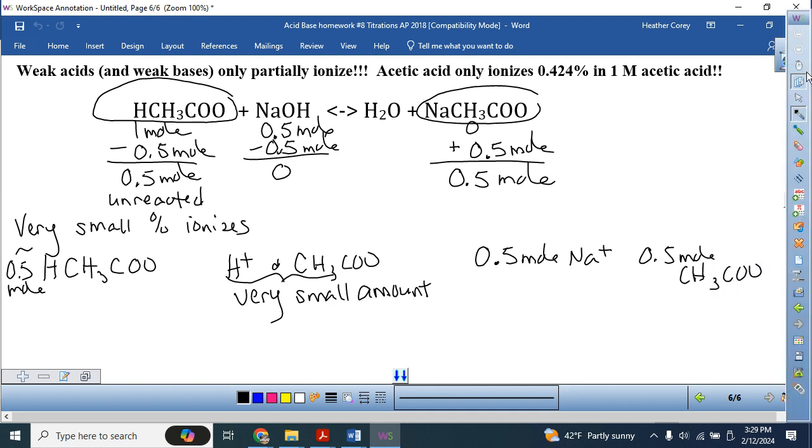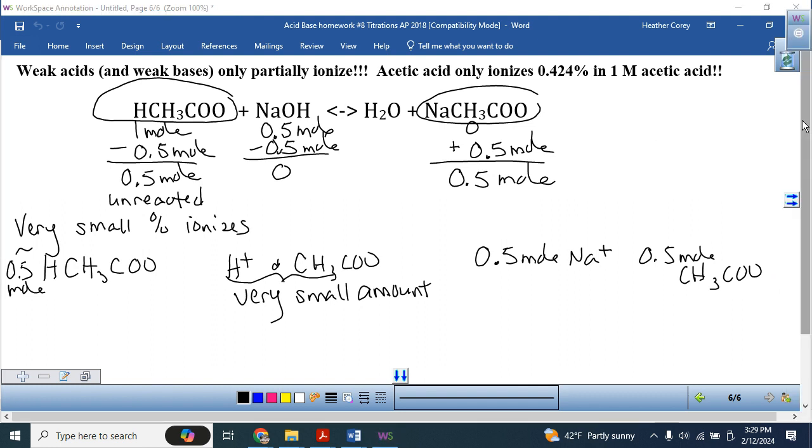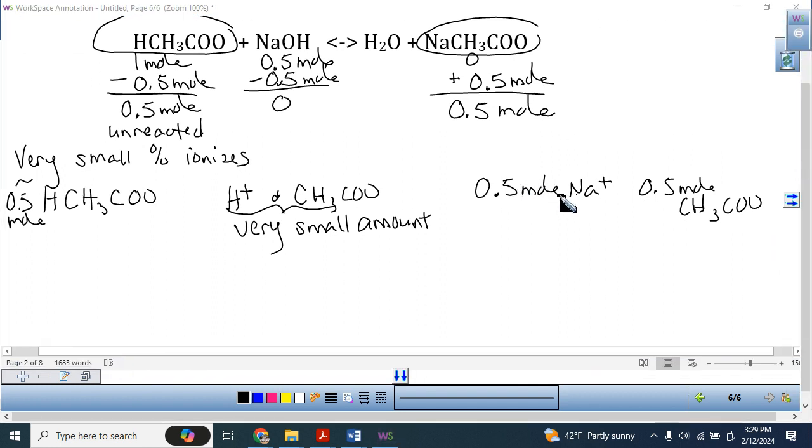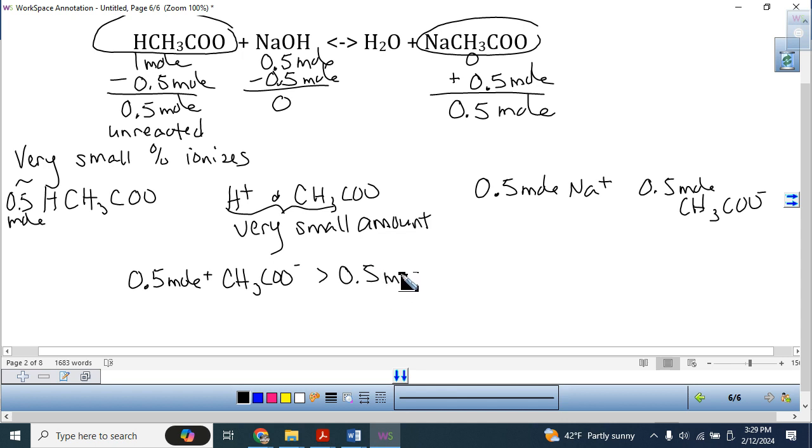So what species are present at halfway to the equivalence point? At halfway to the equivalence point, we have a little over a half mole, so I'll put a little plus here, of CH3COO, acetate ion. And then we have a half mole, exactly, of Na plus.